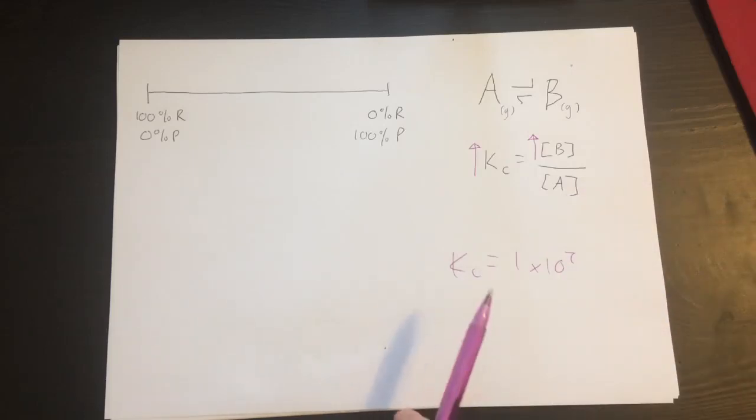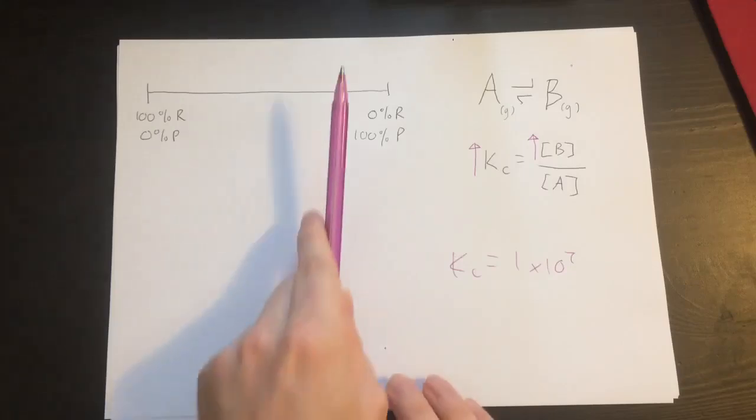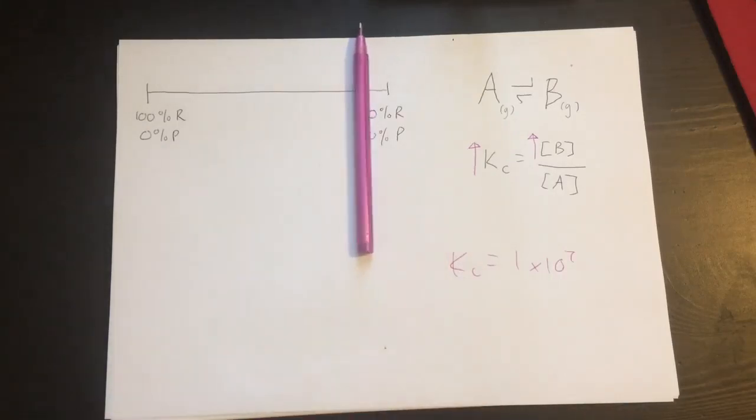So when Kc is much greater than 1, you have more products concentration than you have reactants, and that means the position of equilibrium lies to the right.